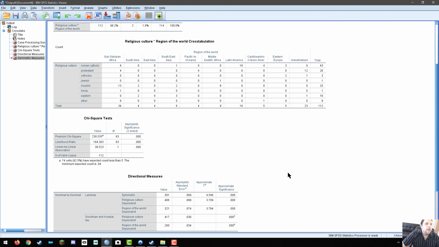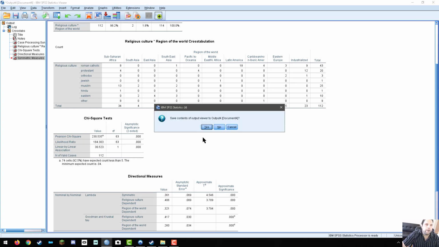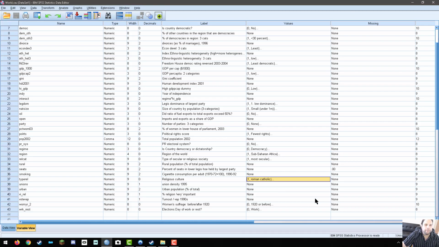So basically, if you know just a person's region of the world, you're going to be about 36% more likely to guess what the dominant religious culture is in that society. Okay, that's basically what proportional reduction in error is ultimately all about. And that pretty much sums it up. If you can run those few tests, you can do pretty much anything you need to determine correlation strength in most social science data analysis classes that you might take.